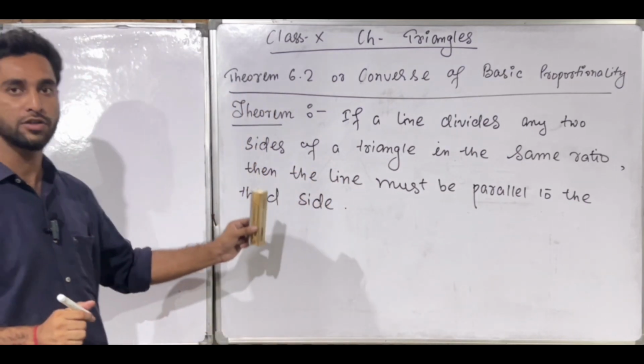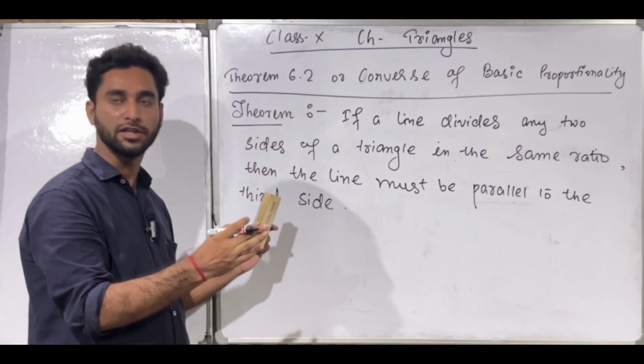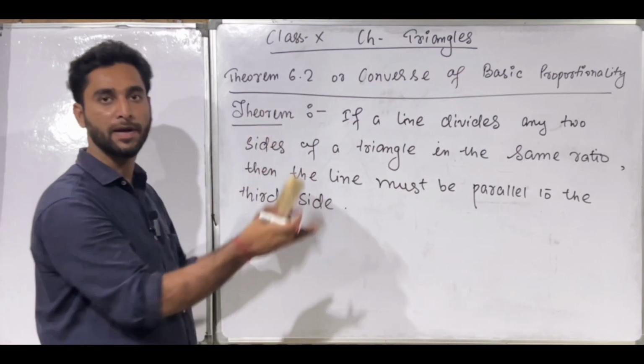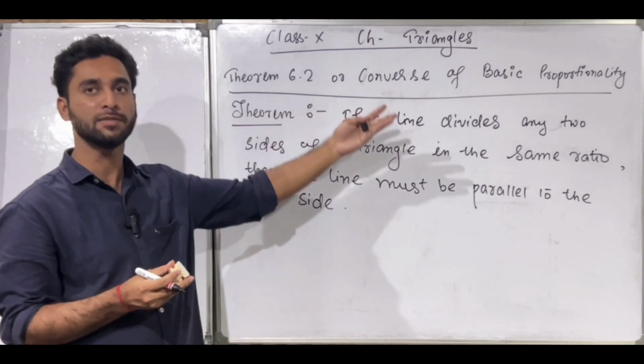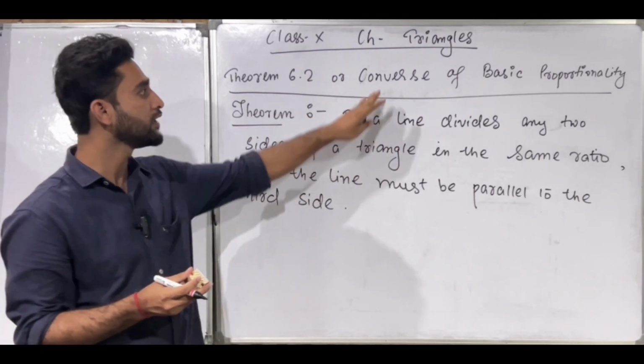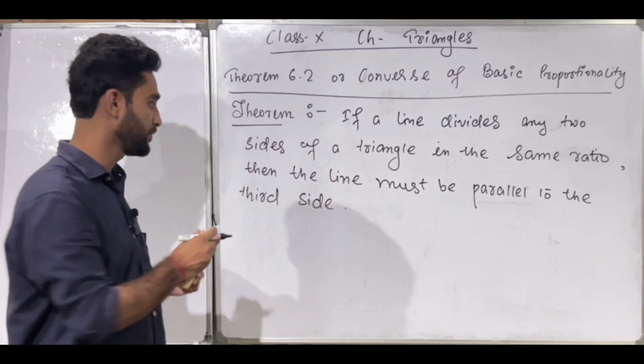So according to this theorem, if a line divides any two sides of a triangle in the same ratio, then the line surely will be parallel to the third side. Now the way we proved the basic proportionality theorem, we are going to prove this converse also.